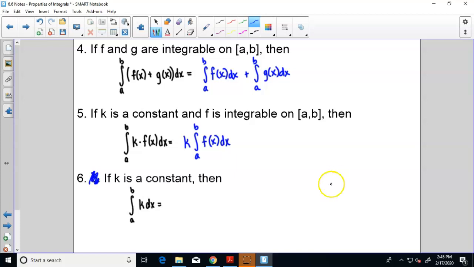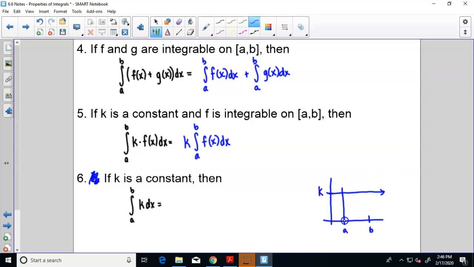So I want to kind of draw a picture of this. Let's say k is right here, and we've got from a to b. Well, if I'm just taking the integral of k, that's just a horizontal line, right? Because k is a number. It's like 2 or 7 or 15 or -4, but it's just a line.